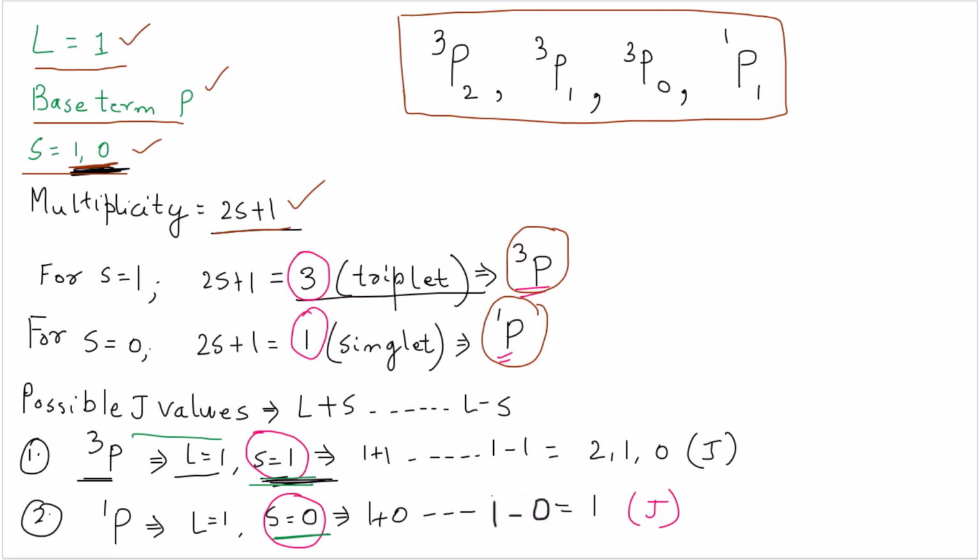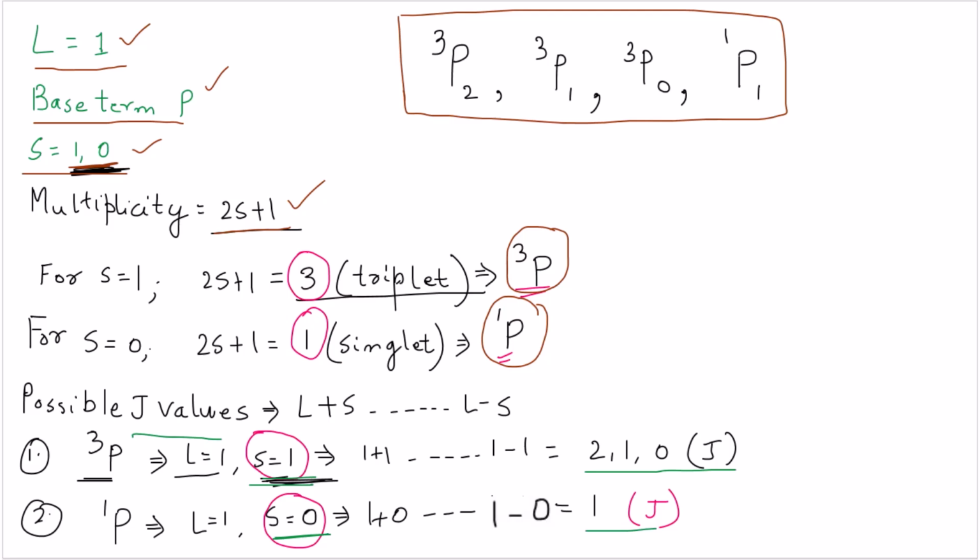So we have different spin values, and from different spin values, we have got different J values as well. So for 3P or S is equal to 1, we have 3 J values: 2, 1, 0. And from 1P, that is S is equal to 0, we have only 1 J value, that is 1. And then we combine these terms with the superscript.